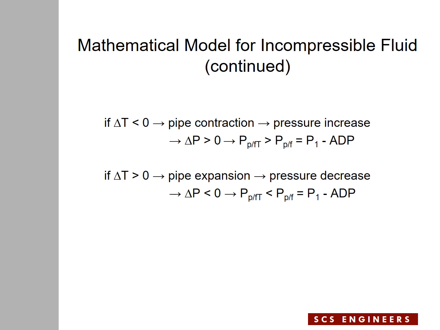On the contrary, if delta T is greater than 0, we get an expansion in the pipe, pressure decreases inside the pipe, so delta P will end up less than 0, and as a result, the pass-fail pressure considering temperature will end up less than the pass-fail pressure without considering temperature.